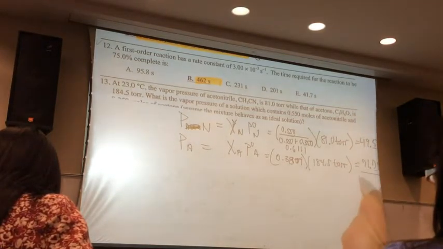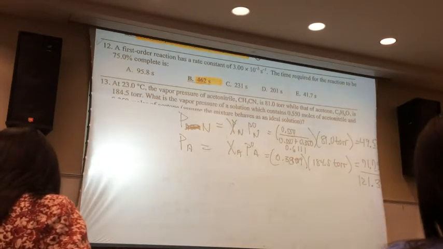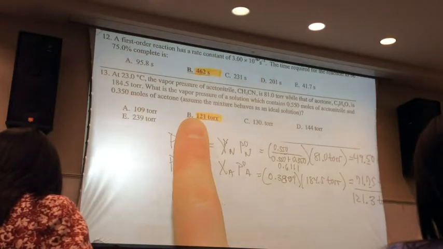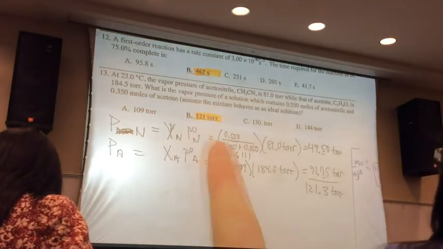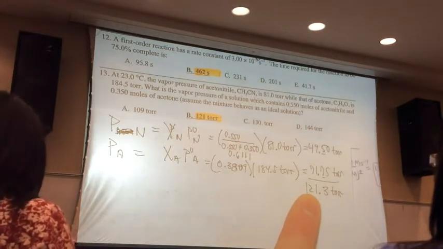And that's 121.34. So we rounded it to 3 sig figs, so it's 121. So the pressure of one, the pressure of the other, there's the total pressure.